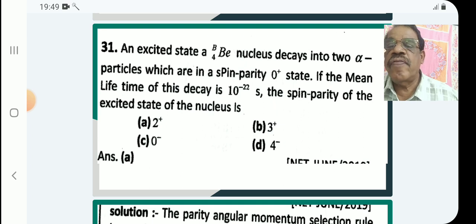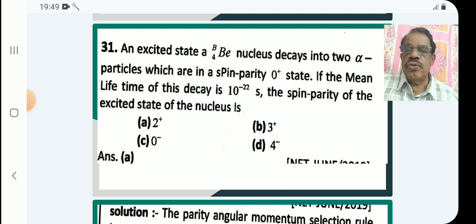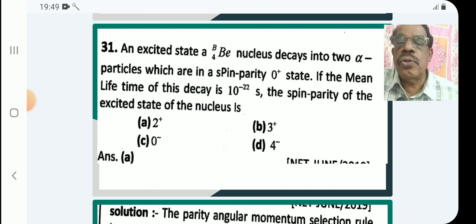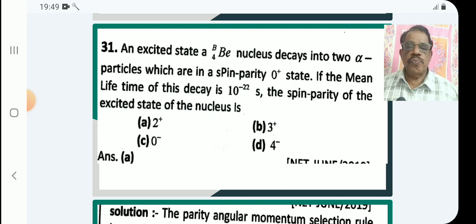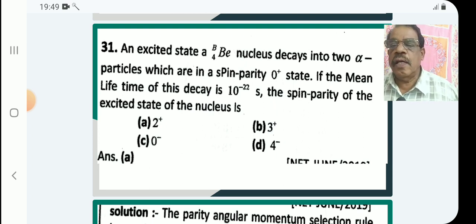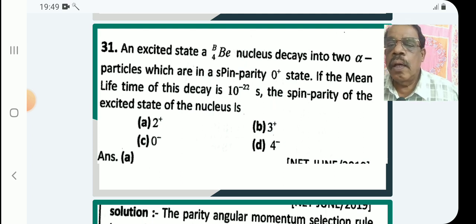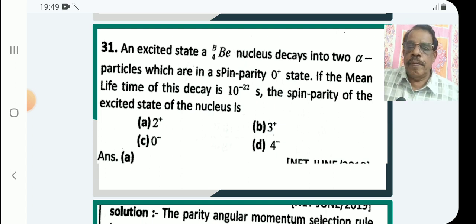If the mean lifetime of this decay is 10 raised to minus 22 seconds, the spin parity of the excited state of the nucleus is: 2 plus, 3 plus, 0 minus, 4 minus. The answer is A.